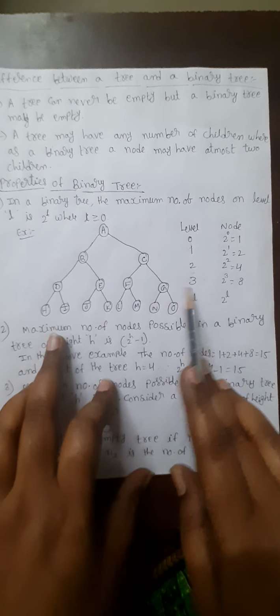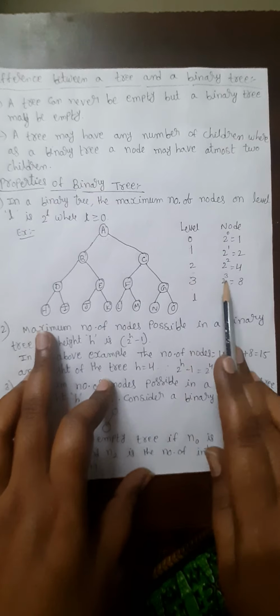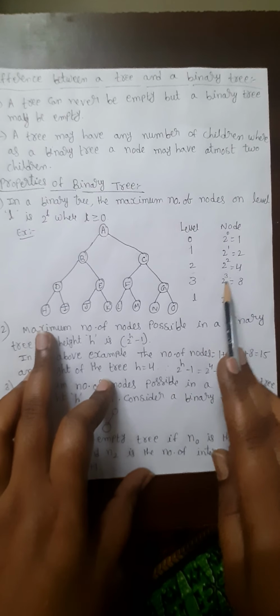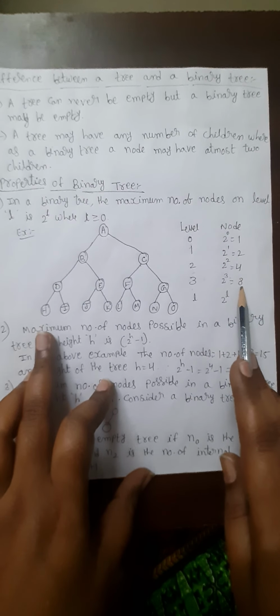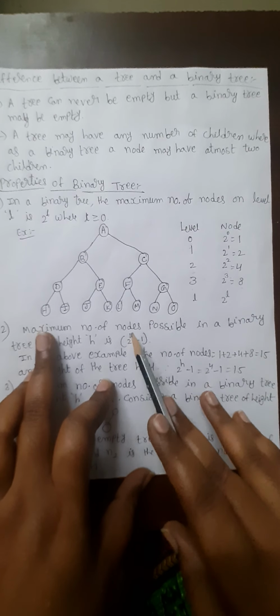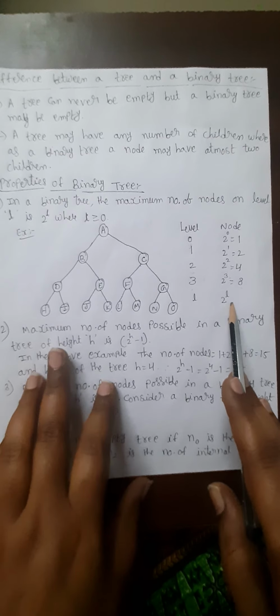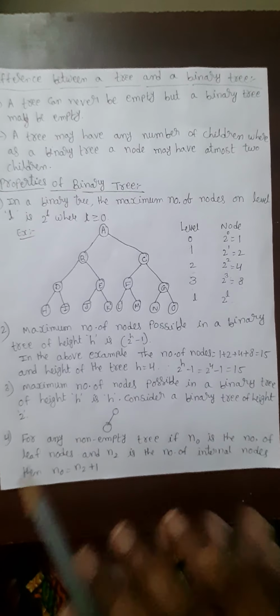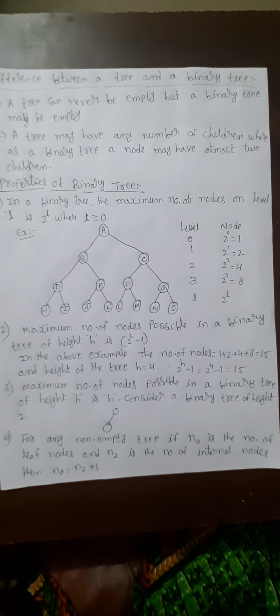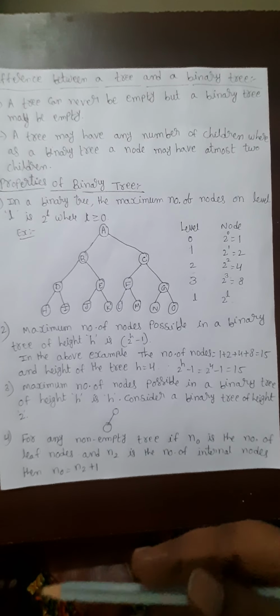And the third level is 2 power 3, which means 2 into 2 into 2, a total of 8 elements. And if we want the number of nodes at level L, we can represent it by 2 power L. That is finding the maximum number of nodes on level L.